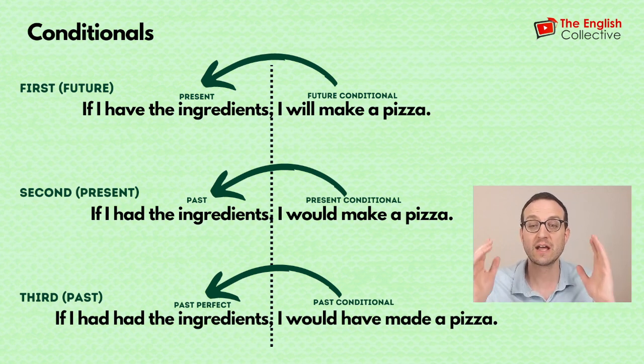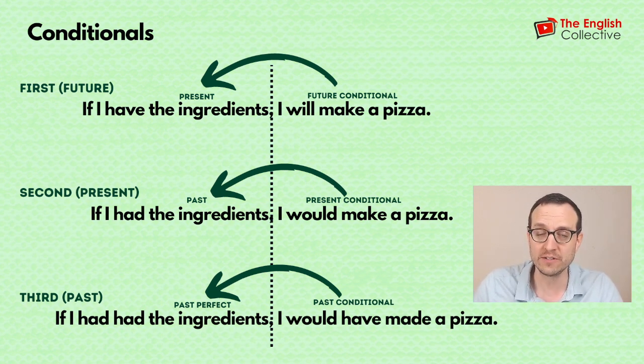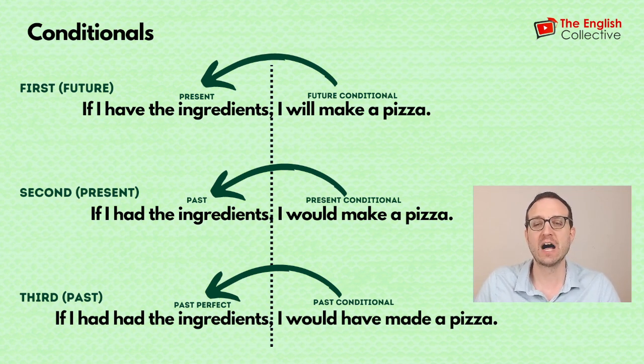So in this case, I had the ingredients, right? If I had, we're going back one step. Here we go back to simple past. If I had the ingredients, I would, y cuidado, no se dice good, sino would. Es como madera, would. I would make a pizza. Or you can contract, I'd make a pizza.